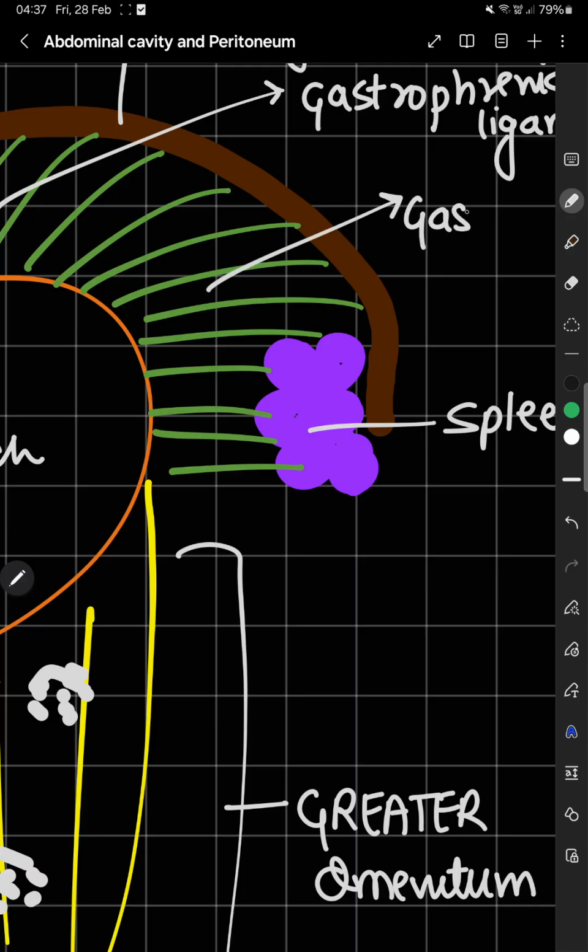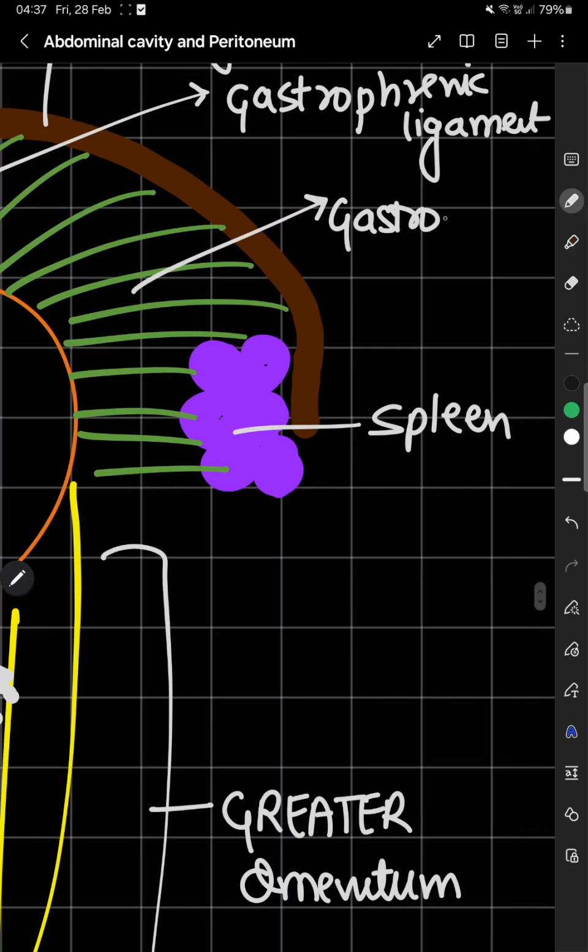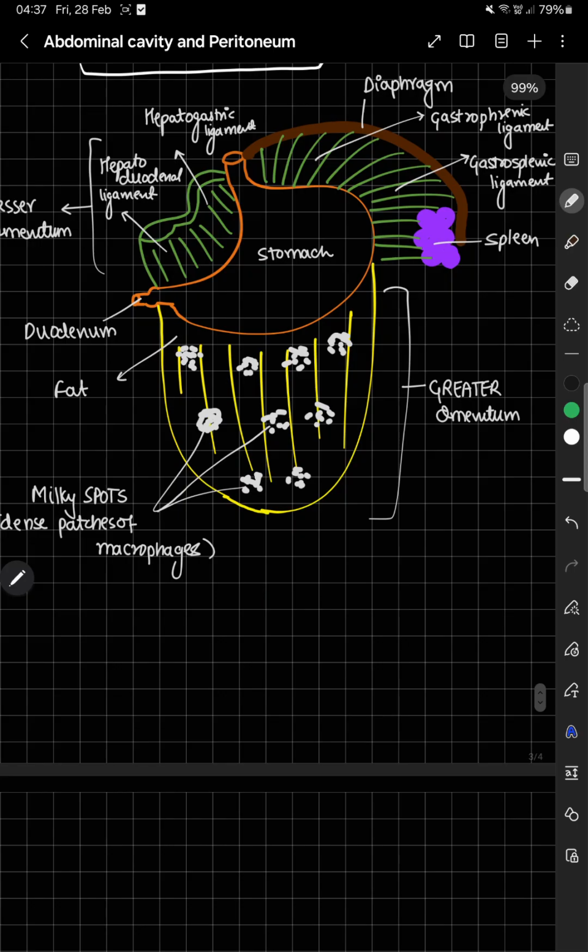So it is the gastrosplenic ligament. And here we have the greater omentum with the fat and the milky spots, which are basically dense patches of macrophages. So this is basically the diagram of the greater omentum.